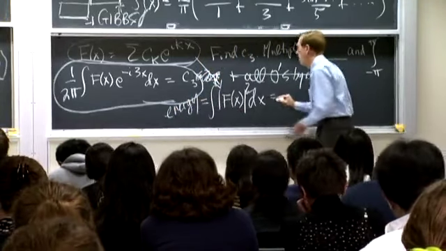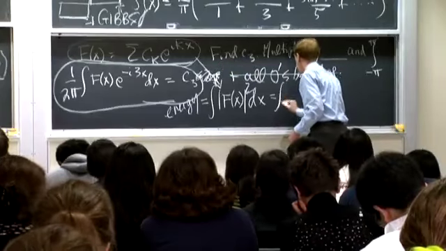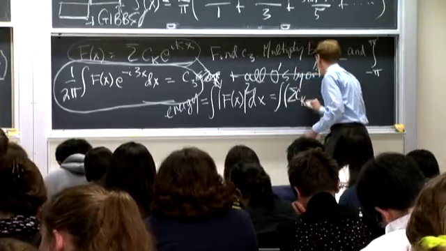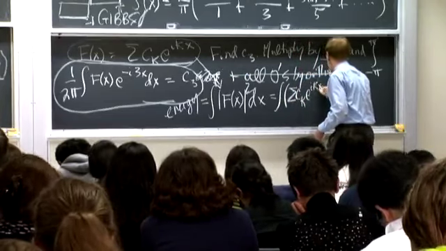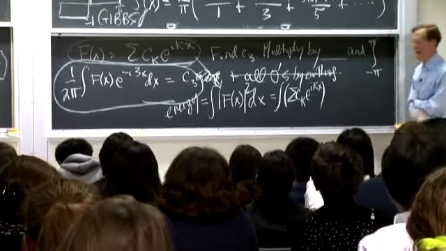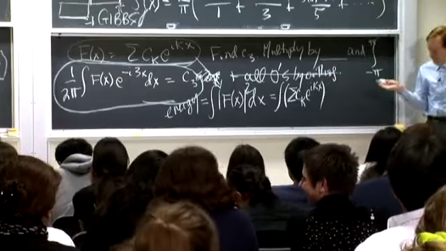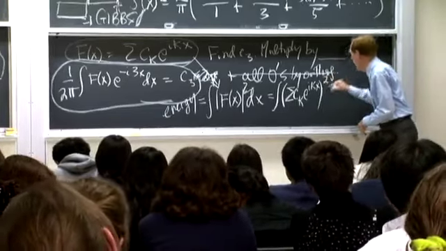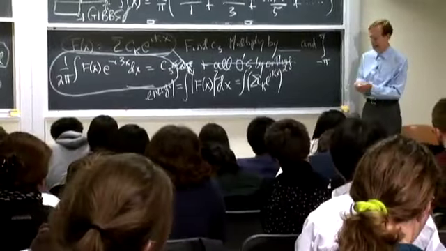What do I do now? I integrate the series, ck e to the i kx, squared. Oh no, whoa. If I put a square there, I'm fired. What do I have to do? I will put a square there, but I have to straighten out something.